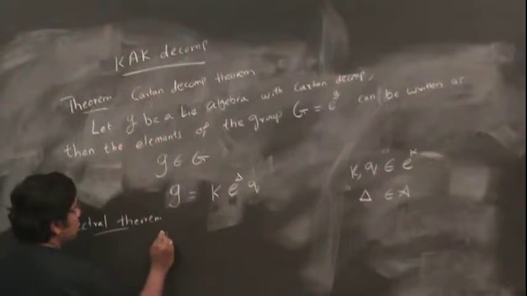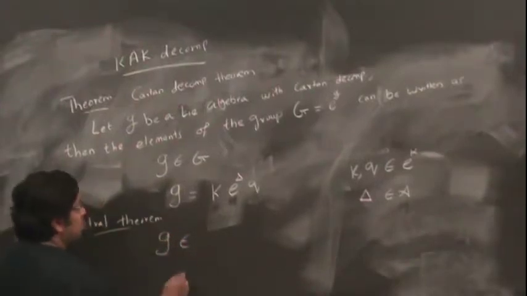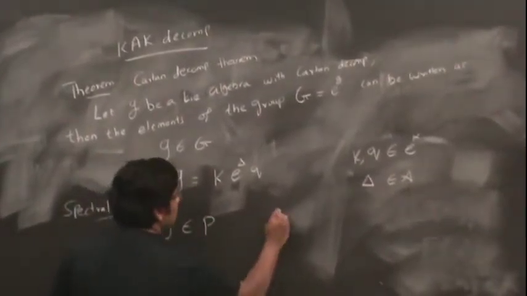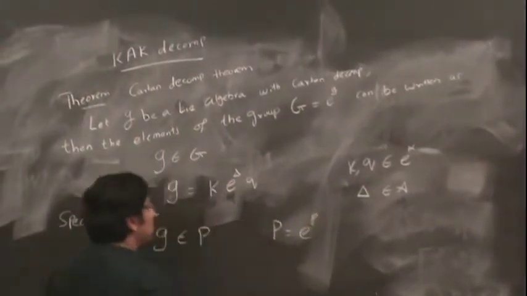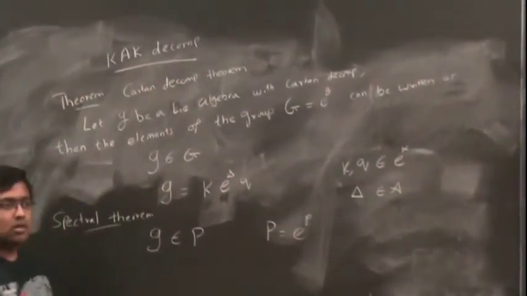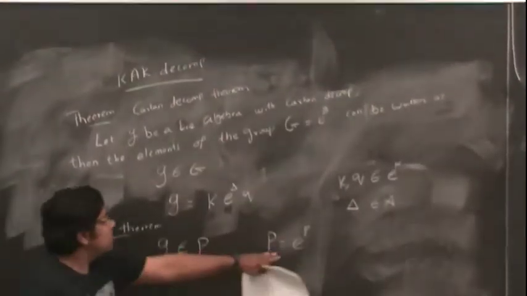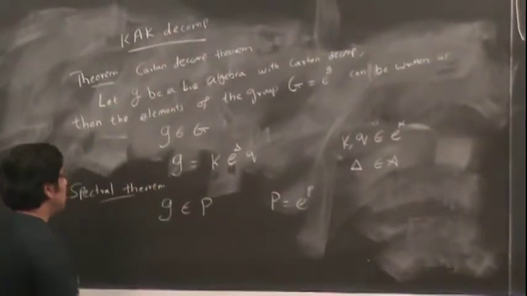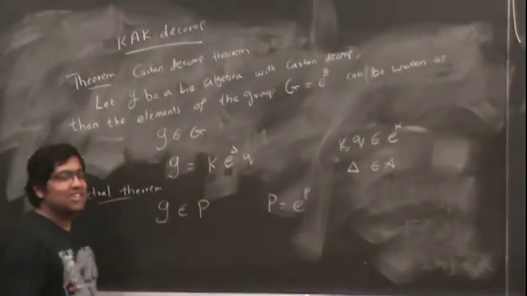So this says that if G is an element of e to the P, so P is the group associated with the, what's this? P? It's not a group. Whatever. This e to the p.